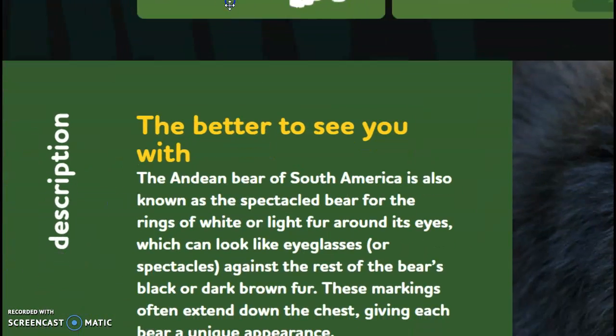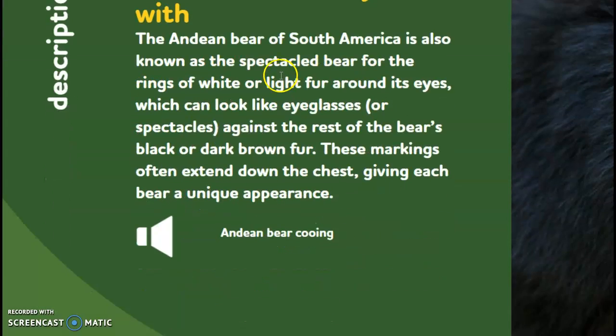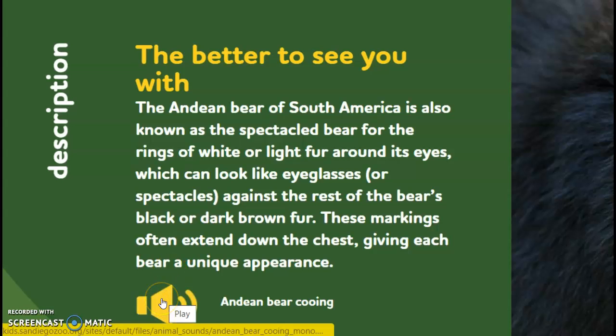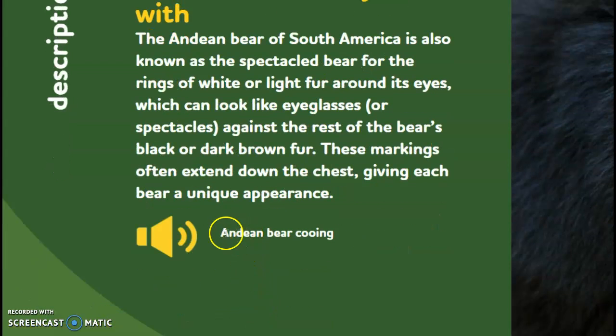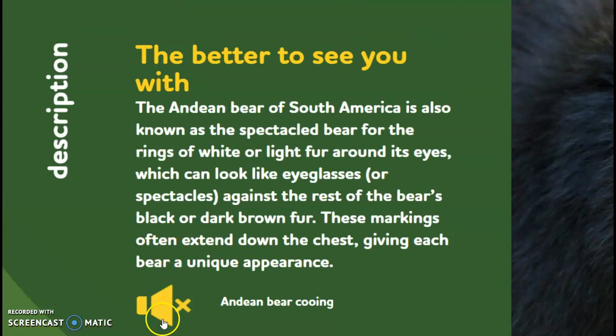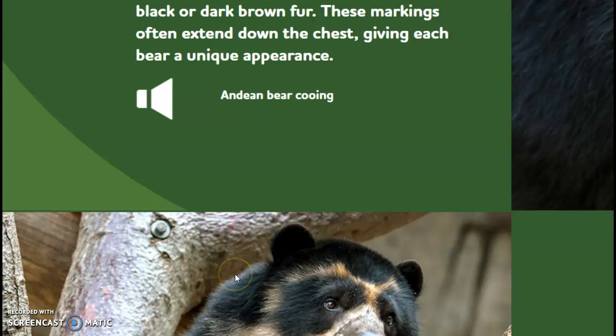Then it's a description. It will describe things to you. Again, as you're reading, if you hear anything interesting, write it down. Go type it. If you want to listen to it, click on this and it will. Oh, it says it's the Andean bear that's cooing. So it will play some actual noises for you. That's really neat.